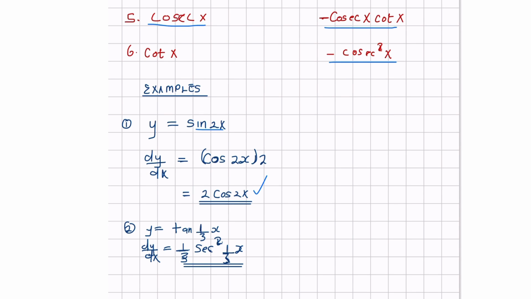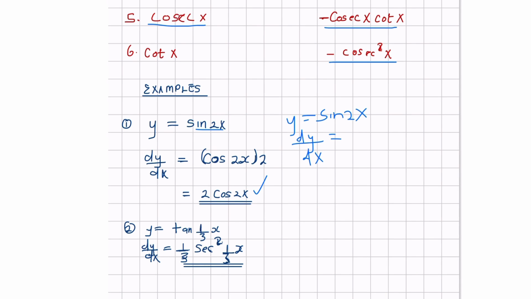The first thing that we need to do, remember we say that the derivative of sine x is cos x, right? So we've got a function y equal to sine of 2x, right? So dy over dx, which means the derivative of sine 2x, right?